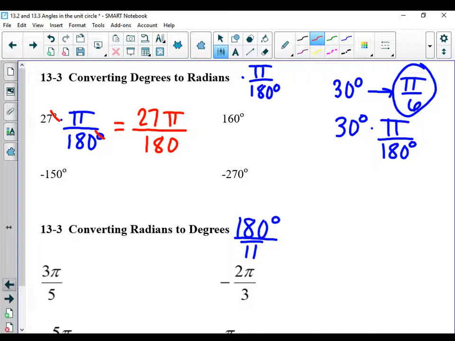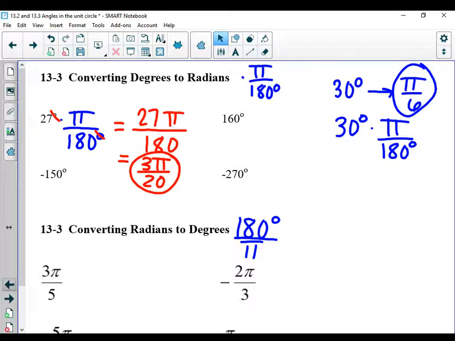So then you should end up with 3 pi over 20. Like I said, that one's not on our unit circle, so it's not one that we can look up right there.